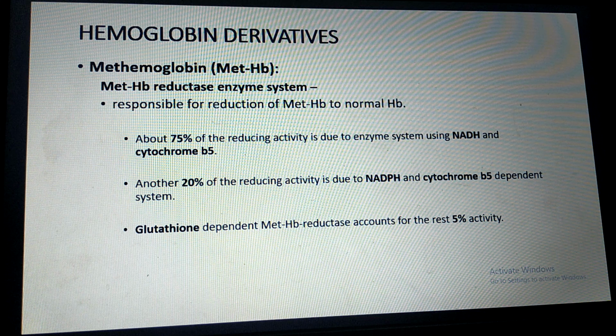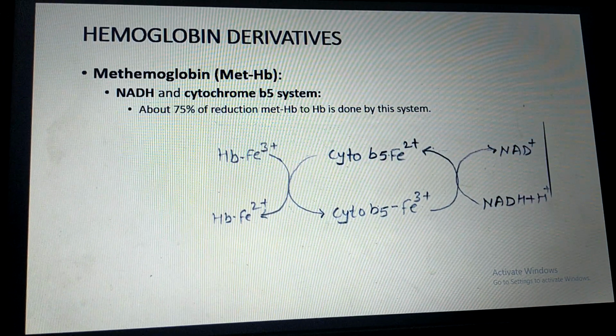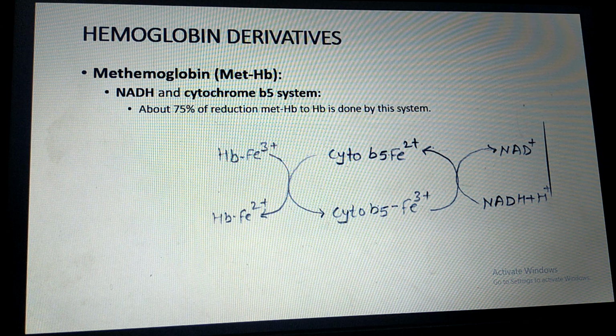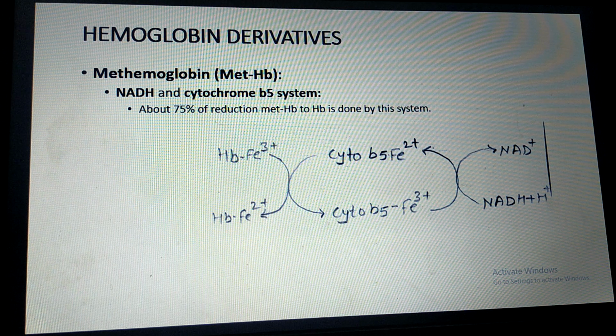And the third one is the glutathione dependent methemoglobin reductase system, which accounts for conversion of 5% of methemoglobin into normal hemoglobin. So in this figure I have shown you the first system, the NADH cytochrome B5 system, which does about 75% of the reduction.